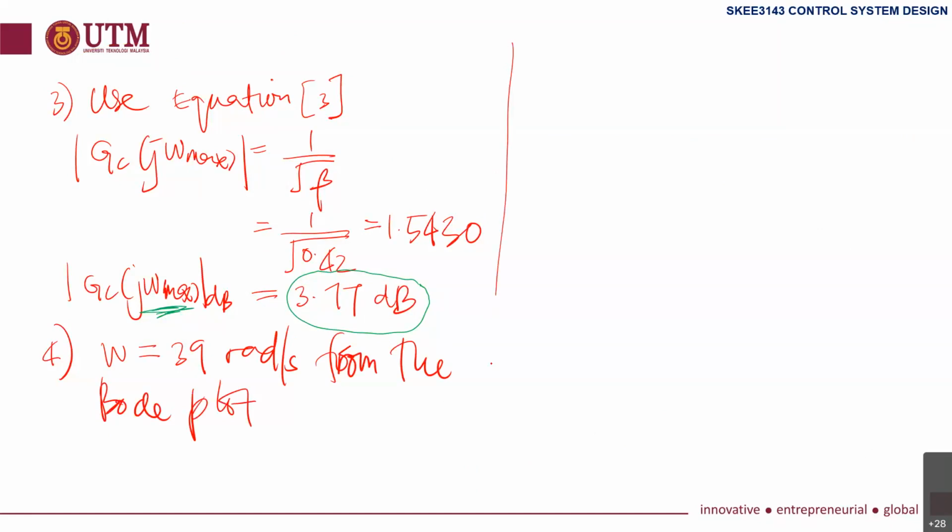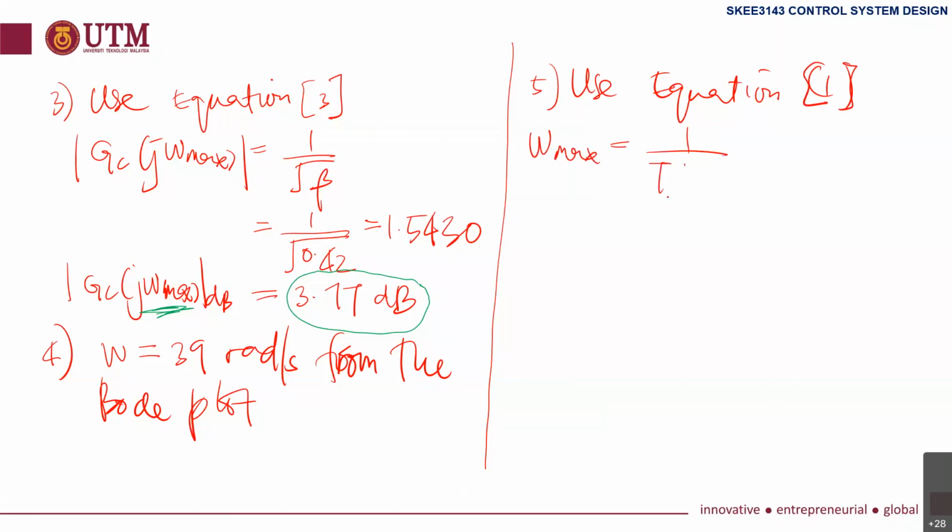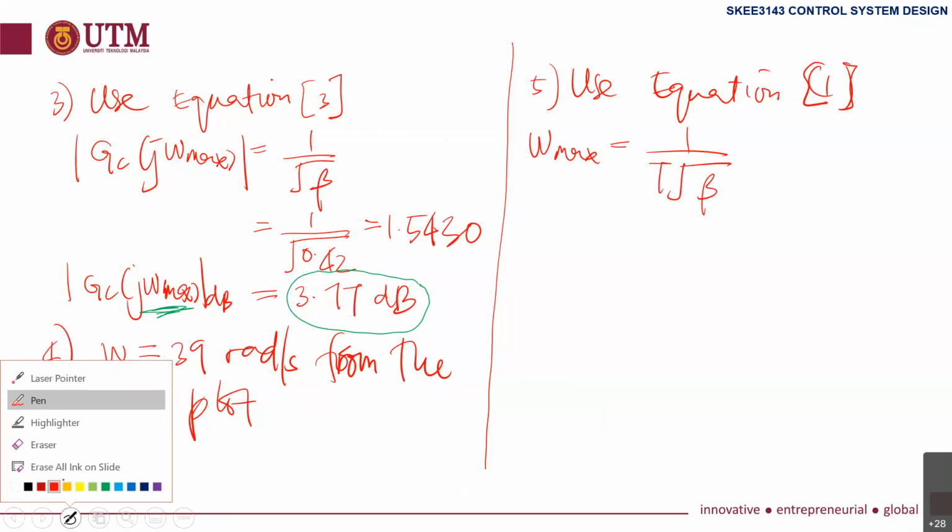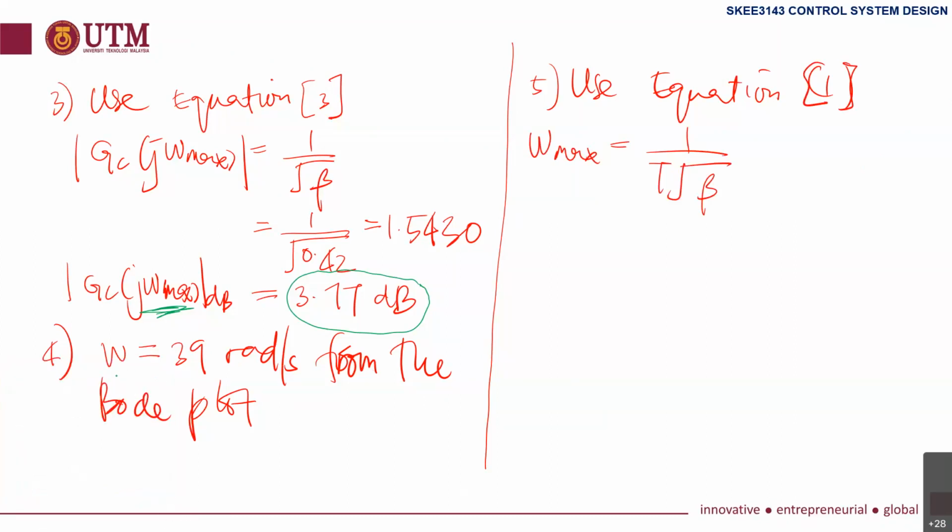Thus, we can use number 5, use equation 1. Equation 1 is omega max is 1 over T square root beta. And the omega that we obtain here is called omega max.